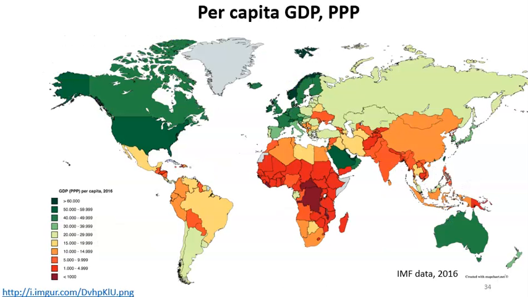We switch now to the purchase power corrected GDP, which roughly has the same pattern as the nominal GDP, but there are slight differences. So this is a world map showing you how much people get for their money. So the nominal GDP is just how much money people have, and this is a map showing how much you get for it in terms of goods and services from a standardized consumption basket.